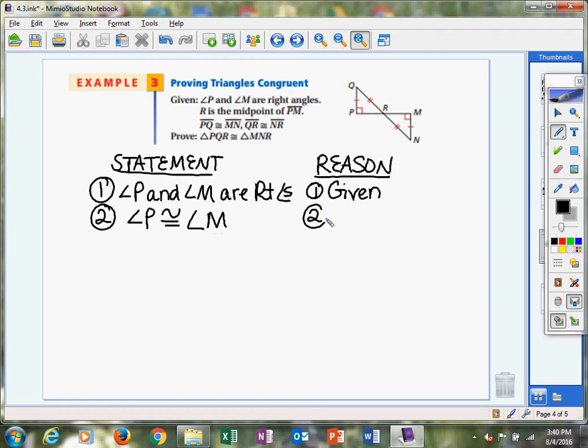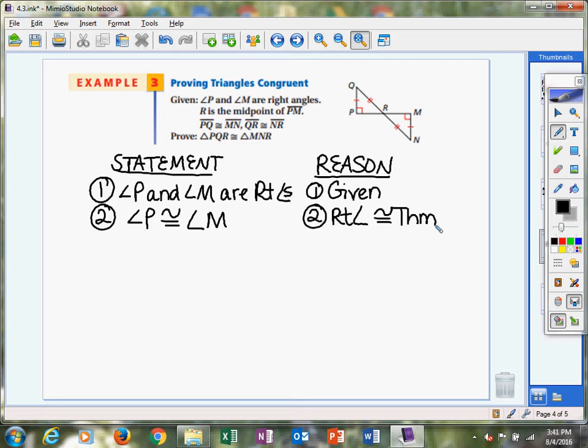And we have to think of a reason why. And it's really simplistic. I don't know if you remember writing down the right angle congruent theorem. I will have to try and track that down, figure out what page that was on. But it's just a real basic theorem that says 2 right angles always equal each other.